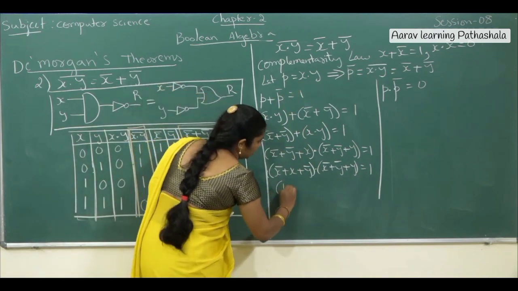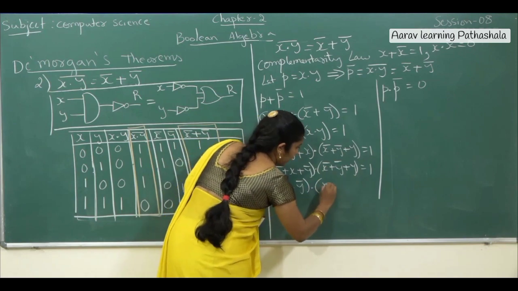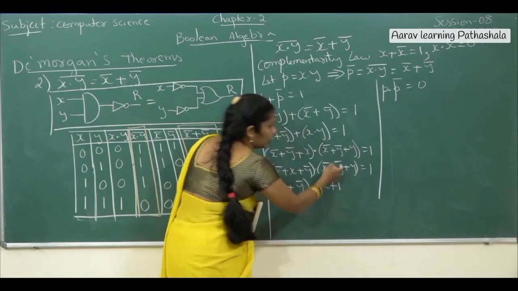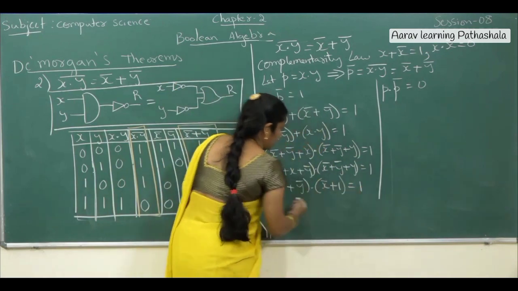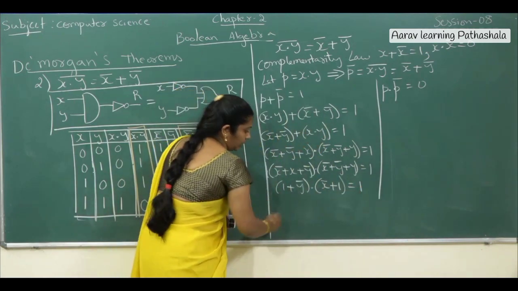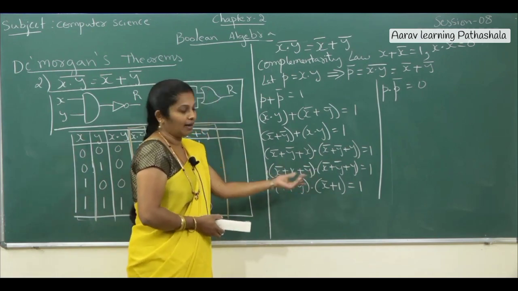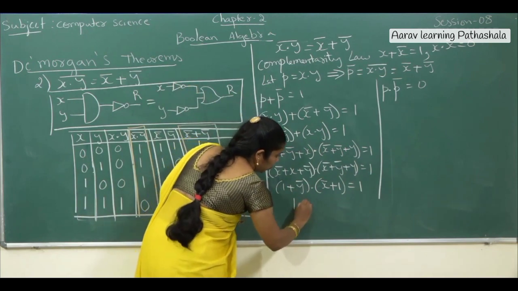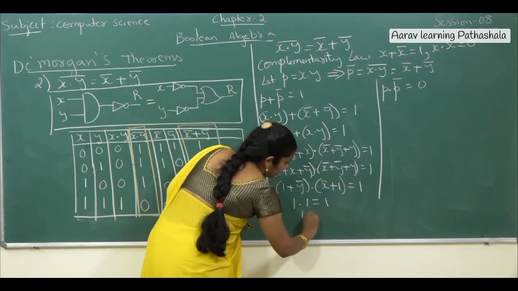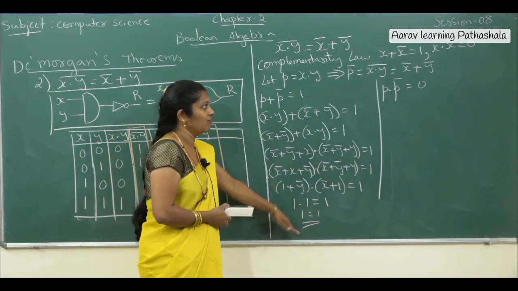That is (1 plus y bar) into (x bar plus 1), because y bar plus y is nothing but 1. Then 1 plus y bar is nothing but 1, because by the law of addition 1 plus x is nothing but 1. In the same way, 1 plus x bar is 1, so 1 into 1 equals 1. From this I can say that the right hand side value equals the left hand side value.